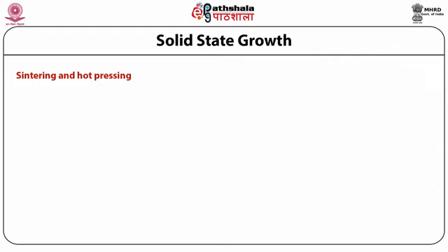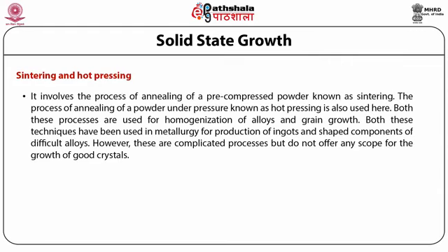Sintering and hot pressing. It involves the process of annealing of a pre-compressed powder, known as sintering. The process of annealing of a powder under pressure, known as hot pressing, is also used here. Both these processes are used for homogenization of alloys and grain growth.